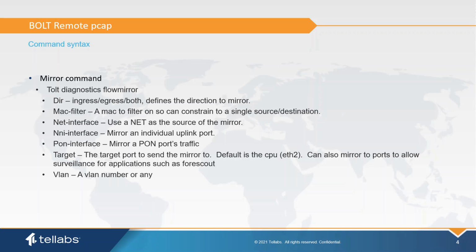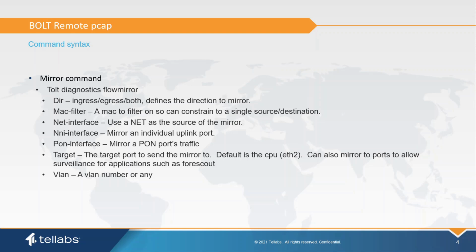Then you have the target. Now, generally speaking, you shouldn't really have to set the target unless you're using the mirror to perform some function other than RPCAP. So the default is ETH2, which is what you normally want when you're doing an RPCAP. But you can mirror to any other port, and that's often used when you have security and surveillance apparatuses that are sniffing ports on the OLT or sniffing uplinks on the OLT.